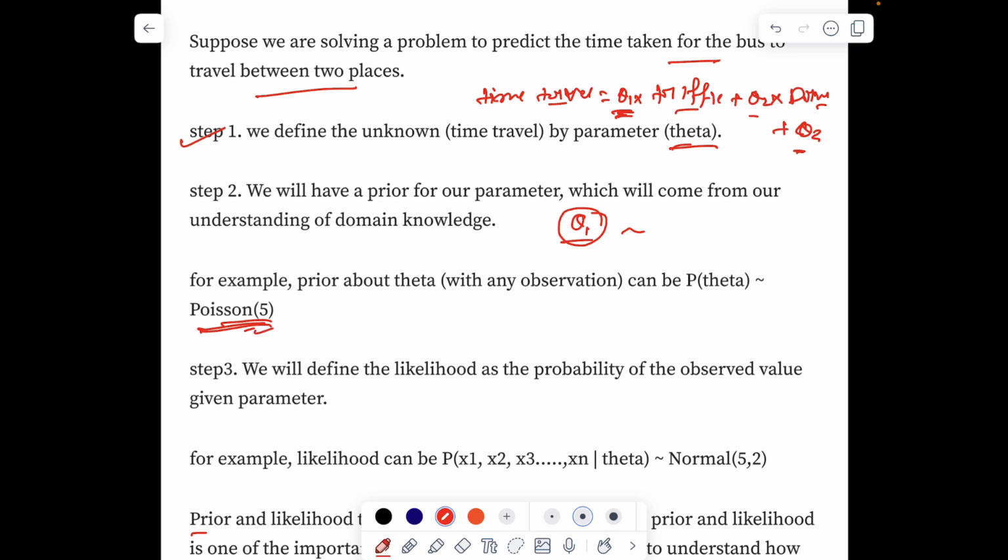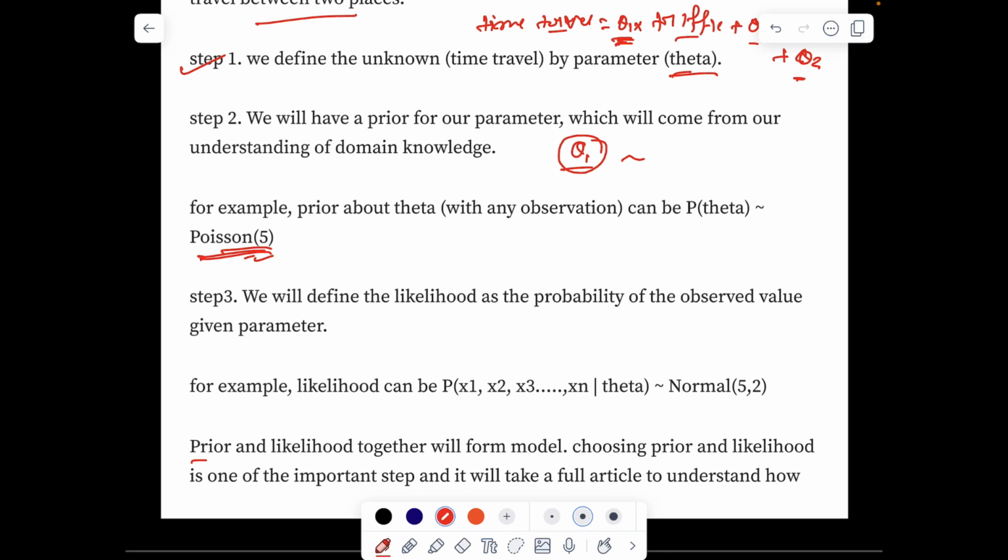After defining the prior, we have to define the likelihood as the probability of the observed value given the parameter. What I meant is that we will have some data set, x1 to xn, which in this case can be all the travel times of the buses or some vehicle, right? So it can be like 2 minutes, 3 minutes, 4 minutes, like that. So given this data set that we have, what is the likelihood of that data given this theta?